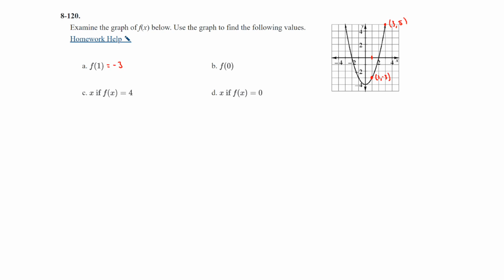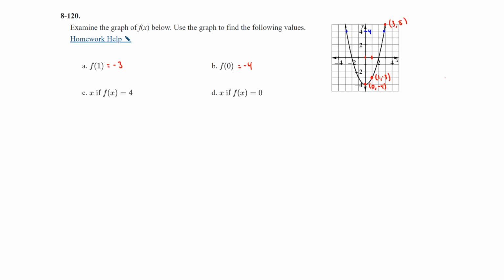B, f of 0, so 0 is on the x-axis, go down here. That would be the y-intercept at 0, negative 4, so f of 0 is equal to negative 4. And then on the next two, it's going to give you the y value, or f of x, and you have to find x. So f of x is equal to 4, so on the y-axis now, when y is 4, what are the x values?